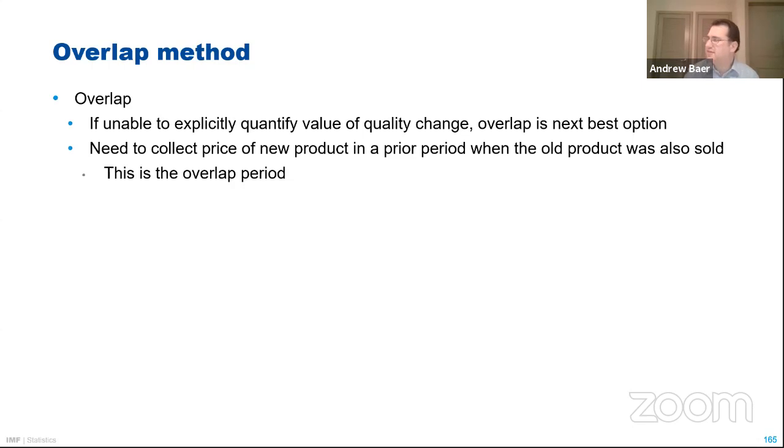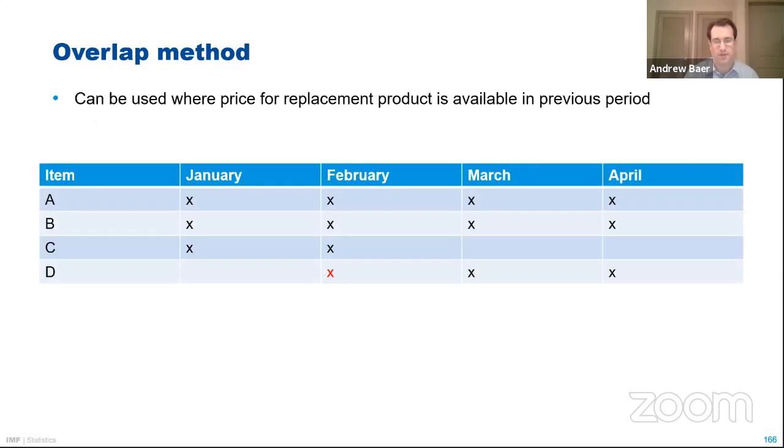This is by far the most common quality adjustment method that I've seen used in price indexes around the world. And it's a good method. When we use the overlap method, we are not ignoring quality change, we're trying to do something about it. So we want to use this when possible.